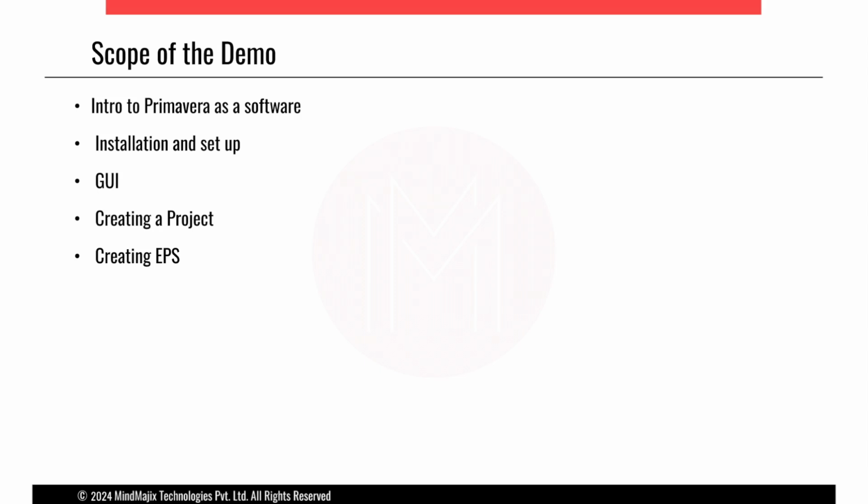Okay, so that vast is the utilization of Primavera as a software, and so in a nutshell, I can just say that Primavera is a project planning and management software. Okay. So it helps us in planning a project and at the same time managing it.